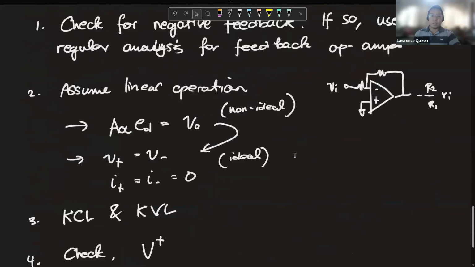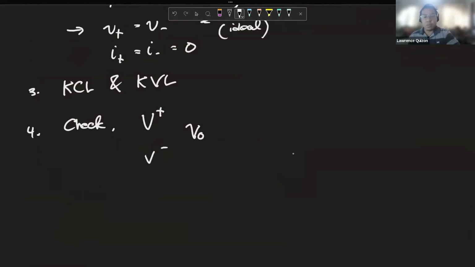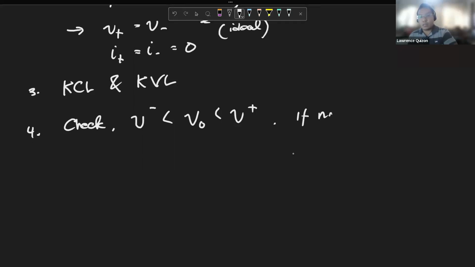So we need to make sure that V out remains within that range, no? So, if not, then you rail it. Kapag masyado siya mataas, then you put it here and then do the analysis again. Kapag masyado siya mababa, you put it there. V out equals this, and then you solve the circuit again, no?